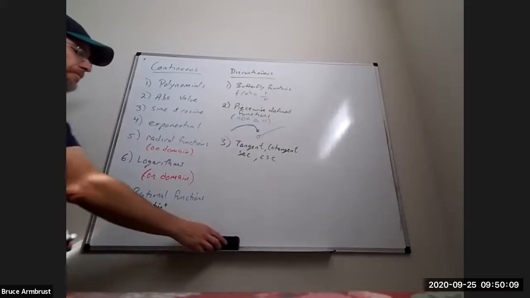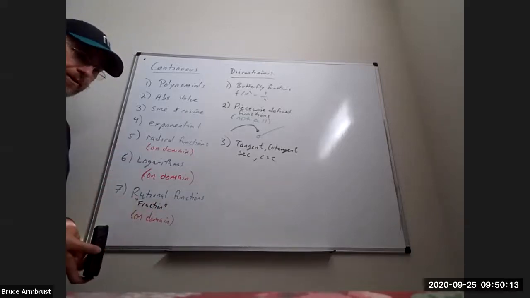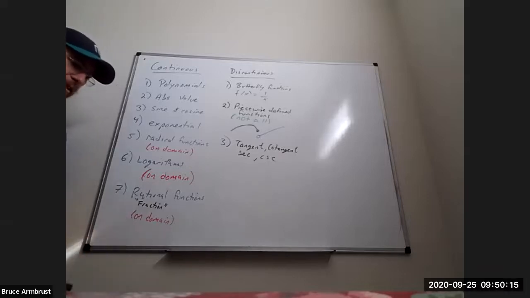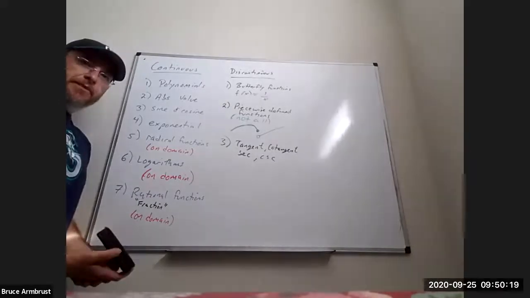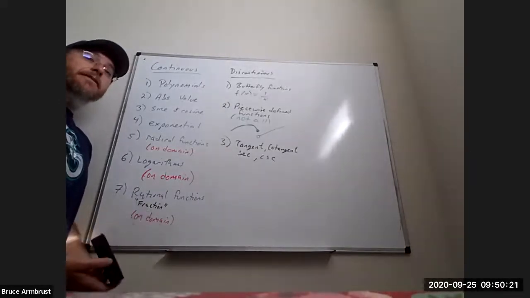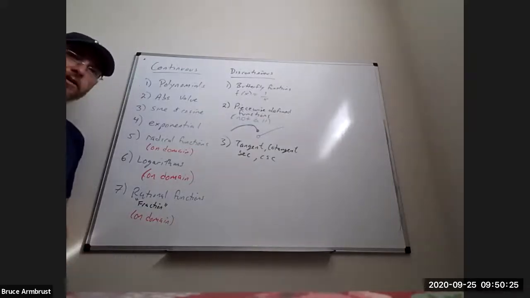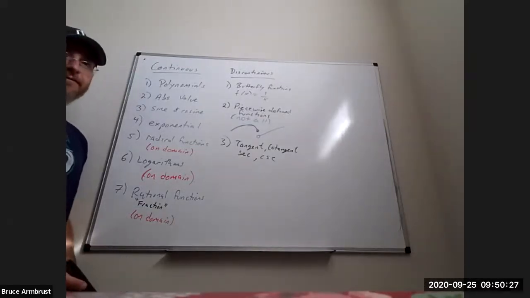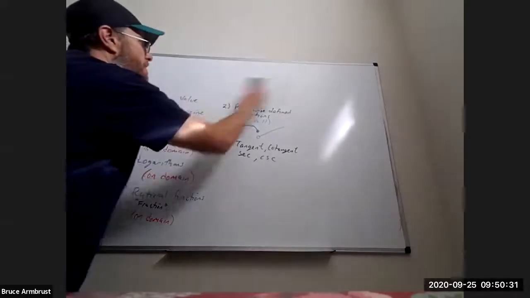All right, so continuity. Well, let me give you a theorem here. This is going to be your first theorem. There are going to be a whole bunch of theorems that we're going to put together to help us get to the first piece of calculus. And this one is called the intermediate value theorem.